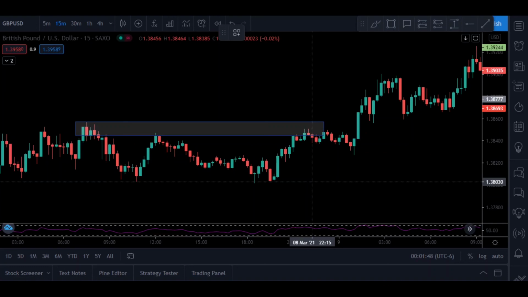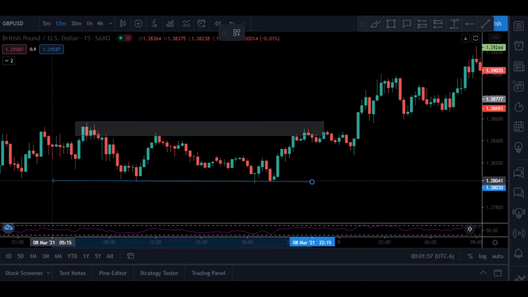As you can see, we are in a range first of all, price is not trending, so this would not be an ideal FTR, and price is very close to this upper zone, so you wouldn't have enough room for price to push up.